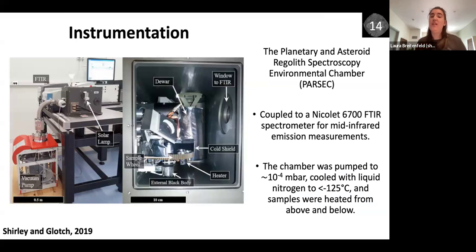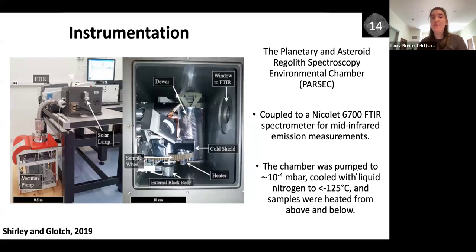So after making this set of mineral mixtures, each of them were analyzed at Stony Brook University using the Planetary and Asteroid Regolith Spectroscopy Environmental Chamber, also known as PARSEC. So PARSEC is coupled with an FTIR spectrometer for mid-infrared emission measurements.